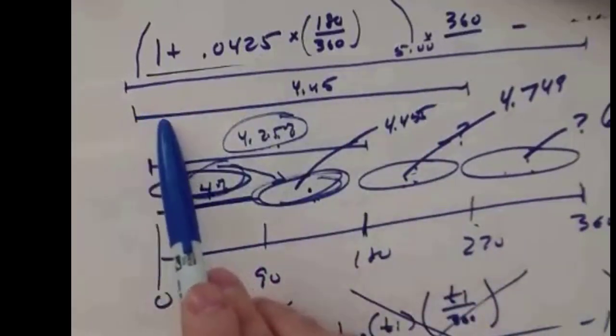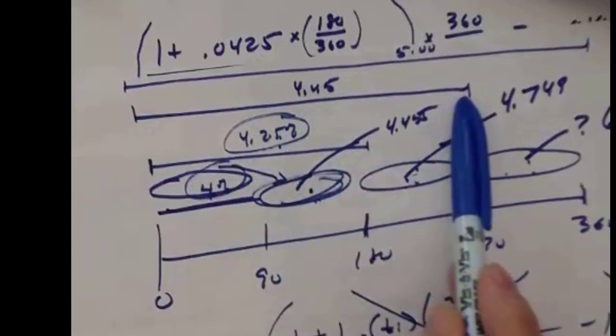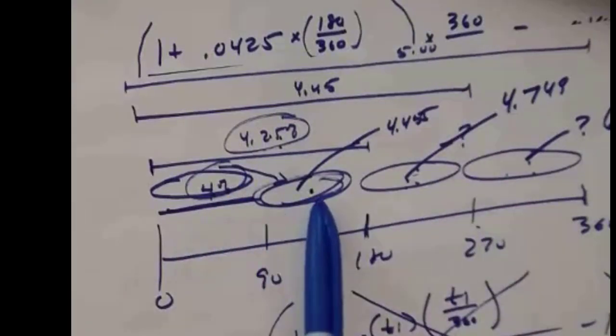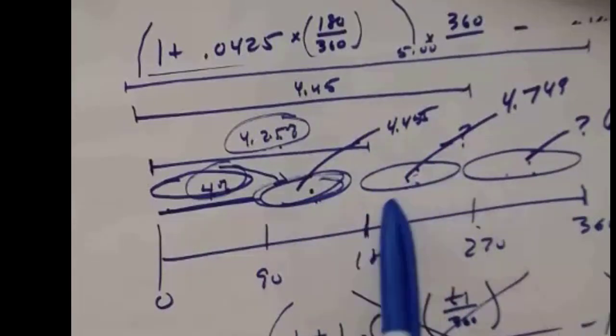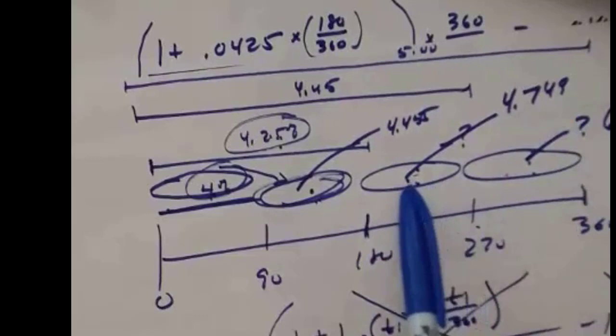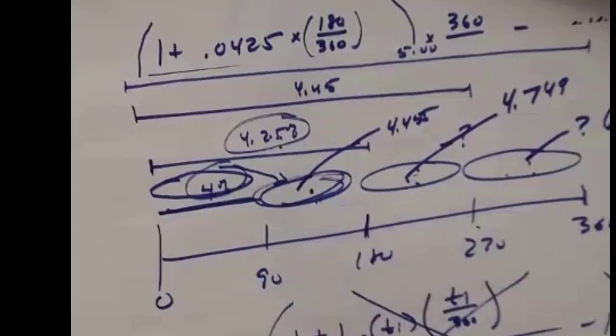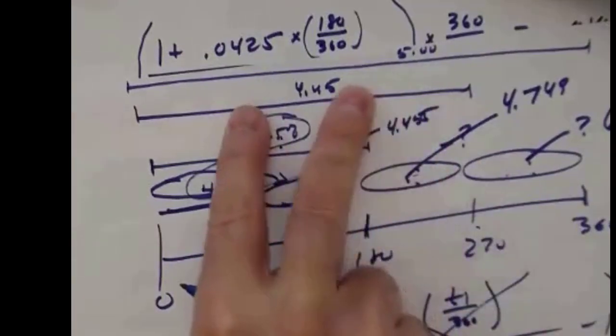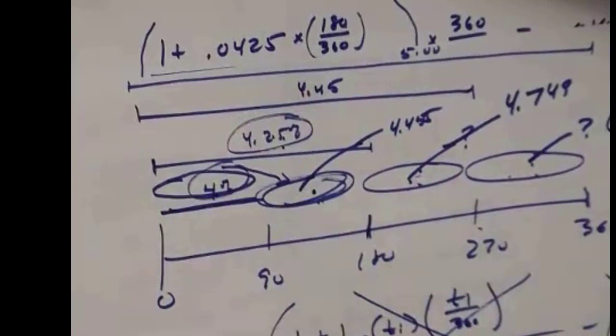We can invest our money at 4.45% for 270 days, or invest for 1 quarter at 4, 1 quarter at 4.455, and 1 quarter at 4.749%. We're indifferent between the two scenarios, rolling over twice versus investing for the entire time period. These are no-arbitrage conditions, and mathematically we resolved them with relatively simple math to prevent arbitrage from happening.